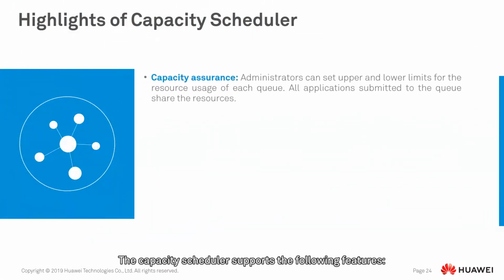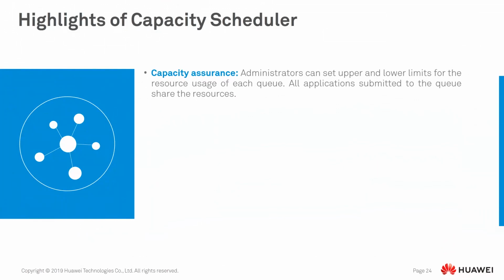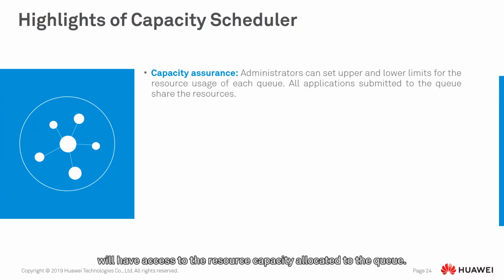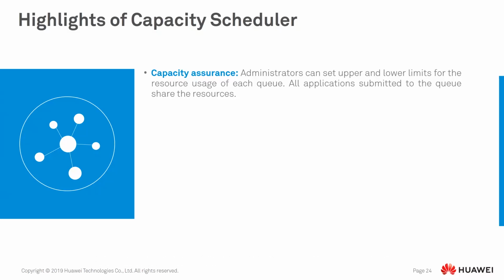The capacity scheduler supports the following features. Capacity assurance. All applications submitted to a queue will have access to the resource capacity allocated to the queue. Administrators can configure soft limits and optional hard limits on the capacity allocated to each queue.